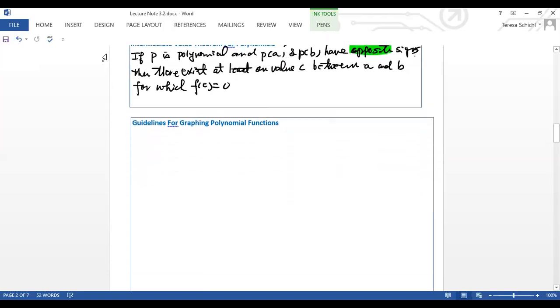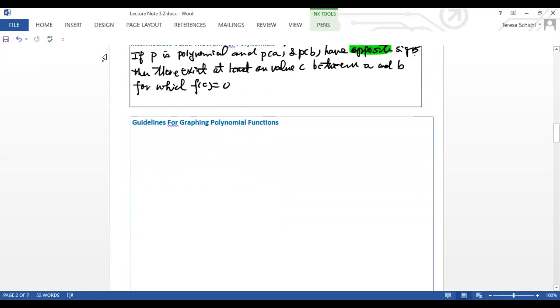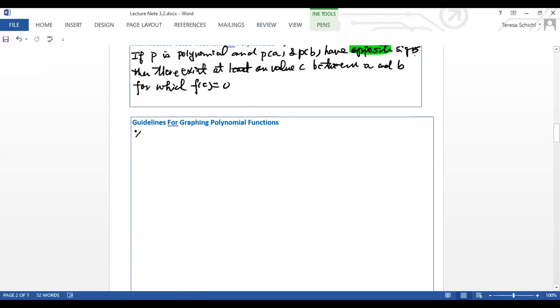Now let's take a look at some of the guidelines for graphing polynomials. Graphing a polynomial is a little bit harder than graphing a quadratic.